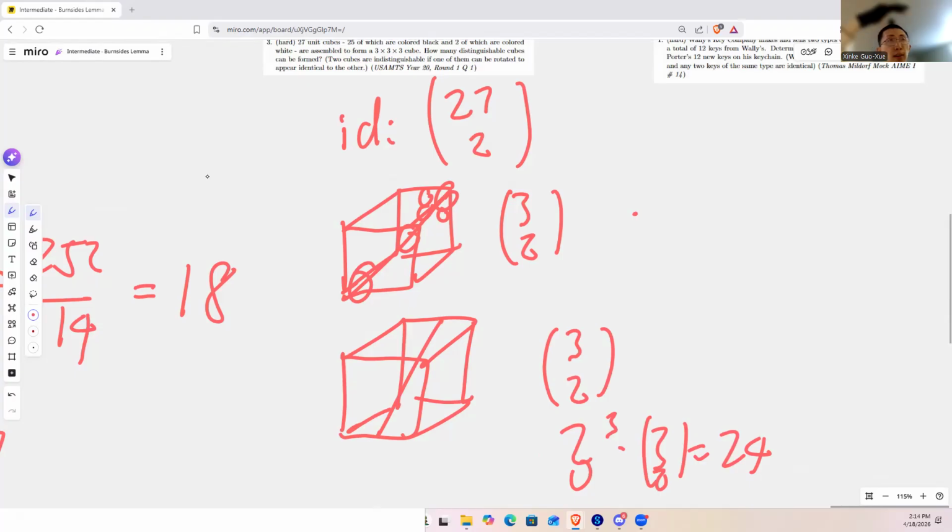So these can be paired into 12 sets of 2, and each of those pairs has to be the same color. We could have one cube on the axis of rotation and one set off the axis. So it's 3 times 12.